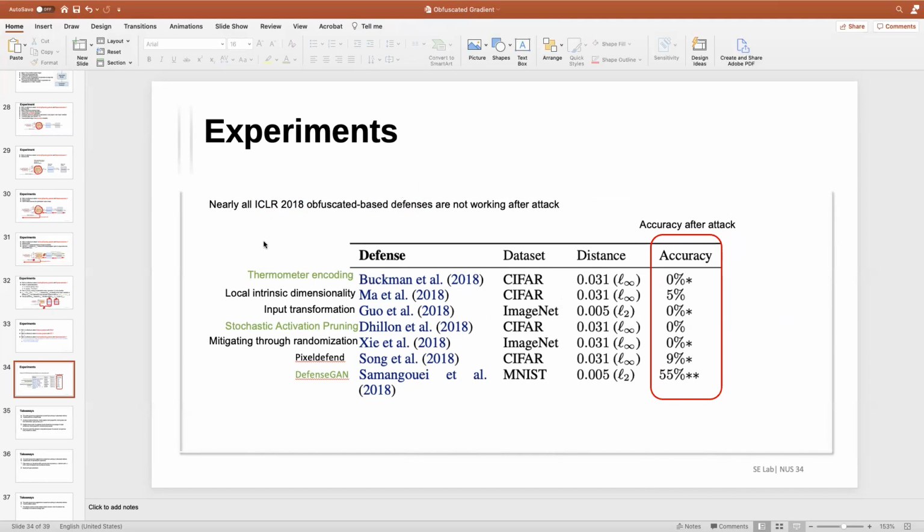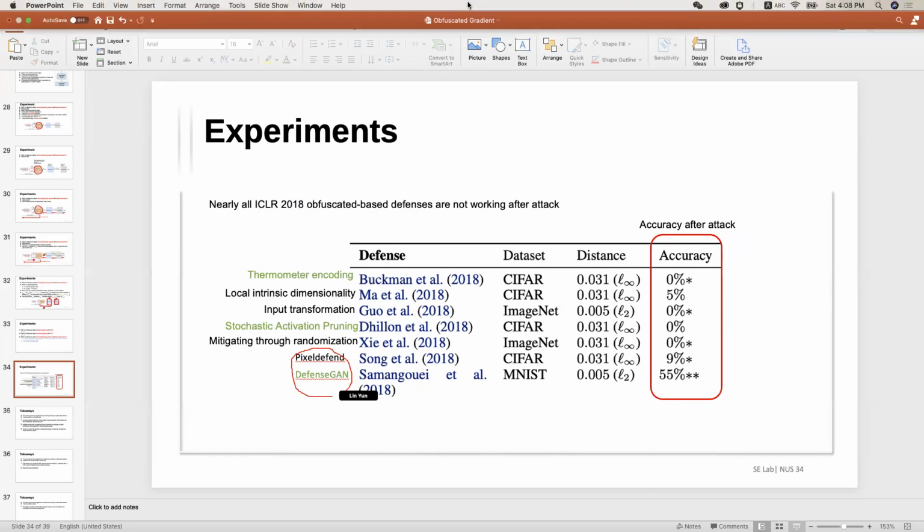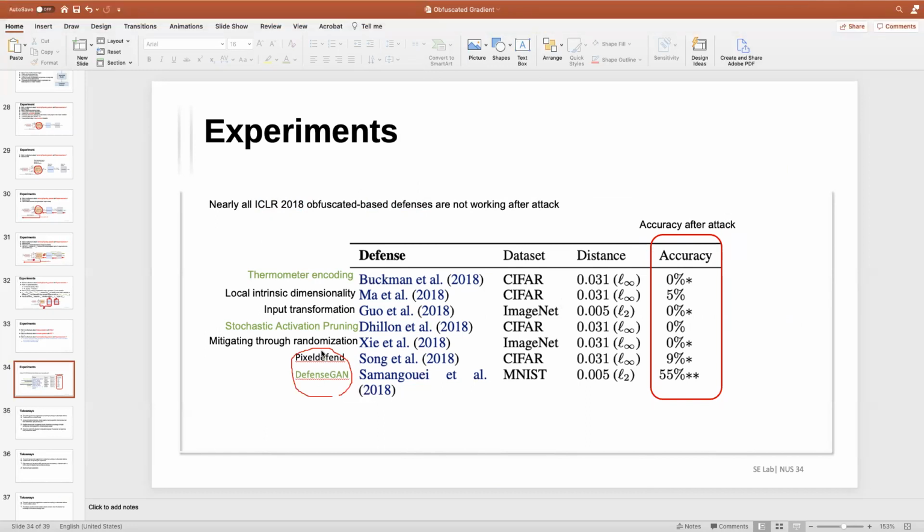So the last one is about the transformation-based approach, right? So 3 categories: the gradient masking, the stochastic gradients, and the third is the input transformation. All 3 types are called gradient masking. The first type is called shattered gradient, that means non-differentiable network.